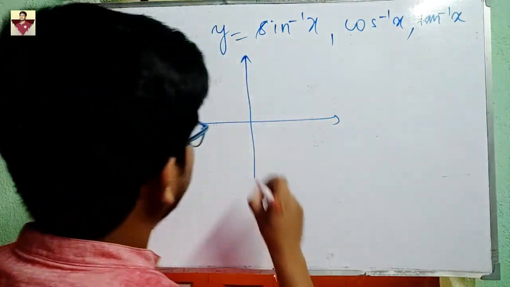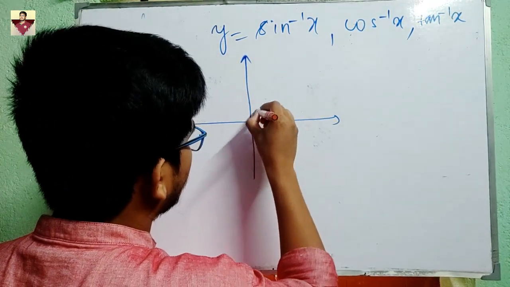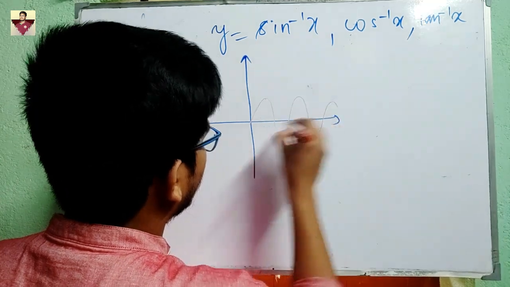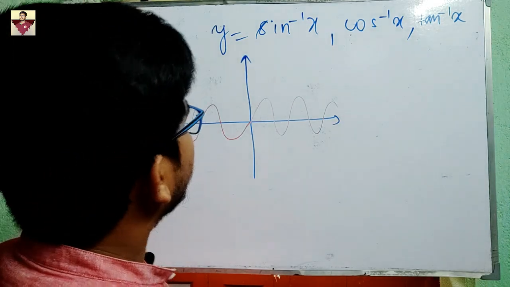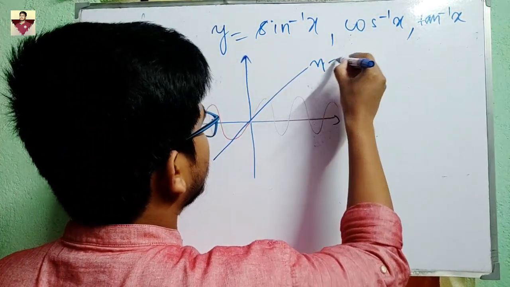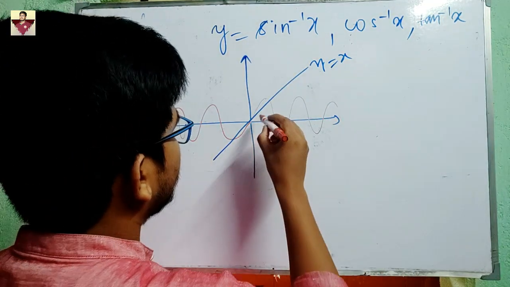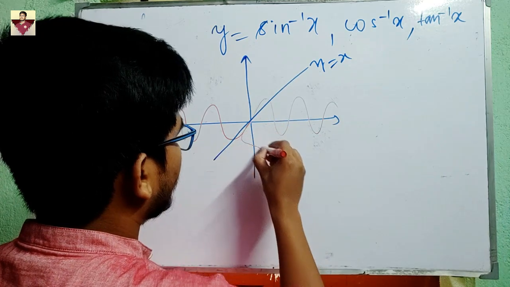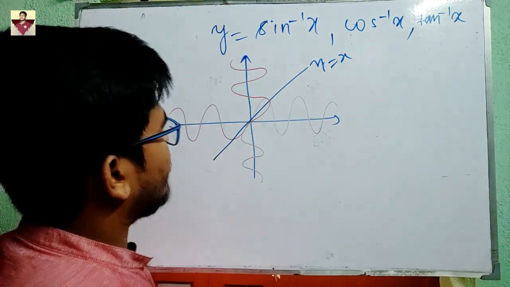So for sin x, the normal sin x graph is like this. Now I have said that this will be a mirror image about the y equal to x axis. So let's say this is y equal to x, then the mirror image of this will look like this, so this is your sin inverse x.